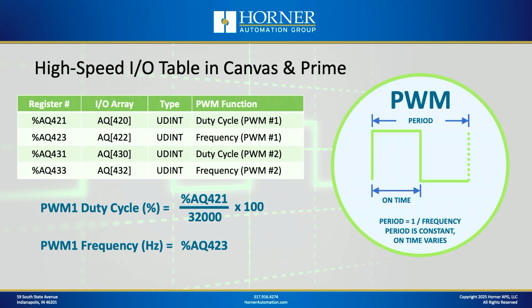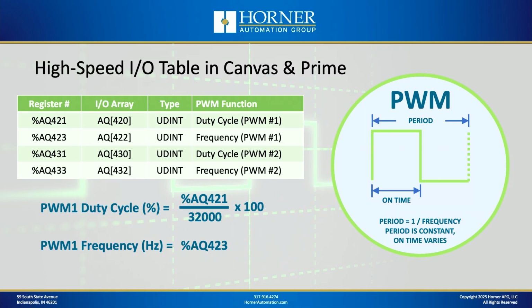Okay, and then you can see the formula that I put here on the screen that tells you where to set the value of your duty cycle, for instance, through AQ421, if you're talking about PWM number 1, to get the duty cycle percentage that you're looking for. So you need to set that value so that when you divide it by 32,000 and multiply by 100, you'll end up with the duty cycle percentage.